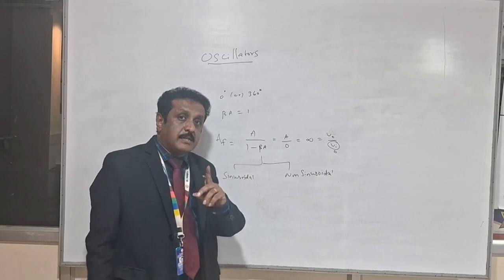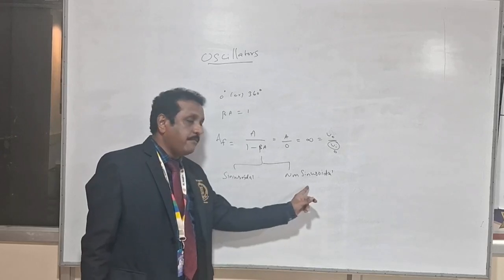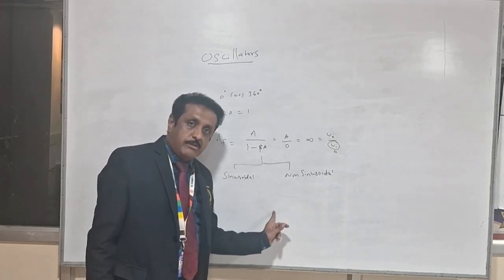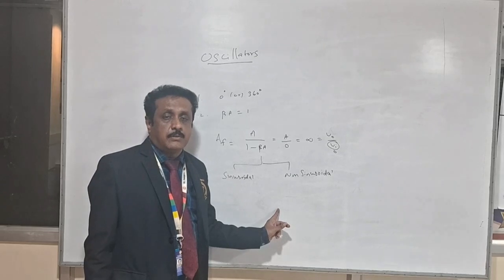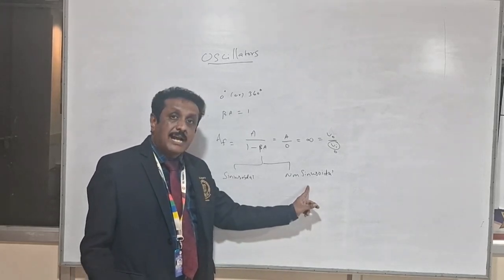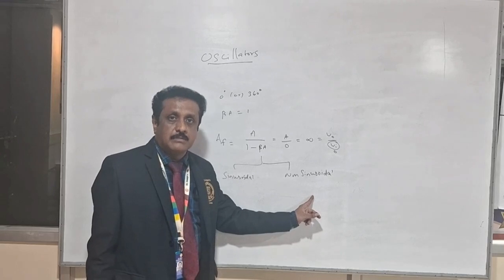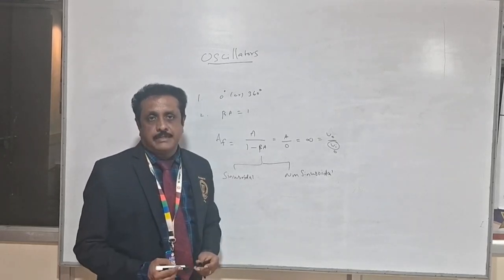This classification is based on the waveform which the oscillator generates. A sinusoidal oscillator generates a sine wave as output. Non-sinusoidal, other than sine wave, if the oscillator generates square wave, triangular, rectangular, those come under non-sinusoidal oscillators.